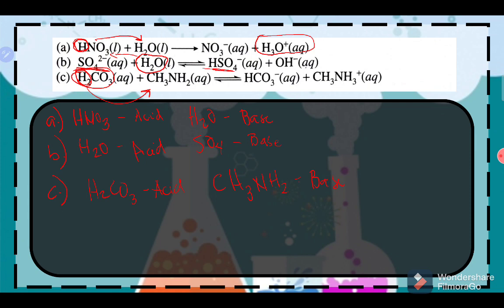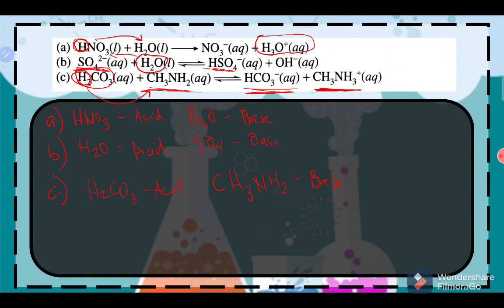We can trace it by looking at the products and at their subscripts. As you can see here, CH3NH2 increases into CH3NH3. So that's the easiest way to identify whether a certain substance is an acid or a base.